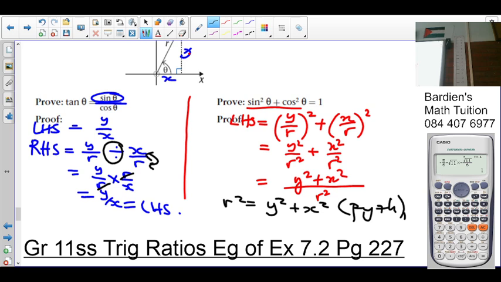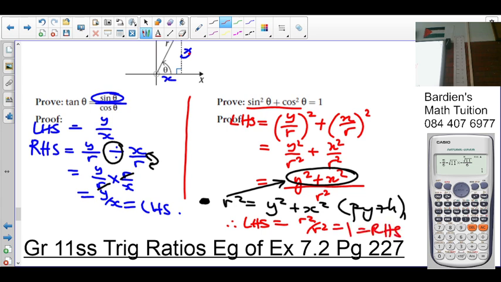So x squared plus y squared is equal to r squared, and that can be replaced with r squared. Therefore, your left hand side is r squared over r squared, which is equal to 1, which is also equal to the right hand side.